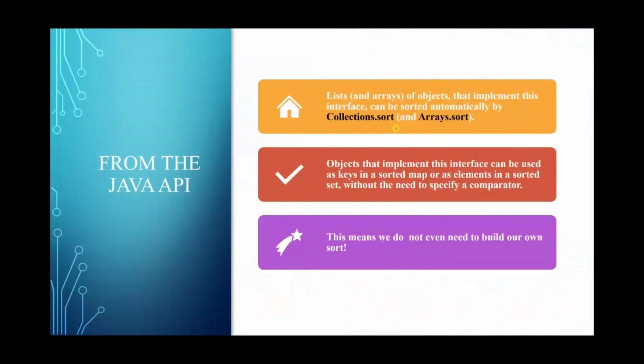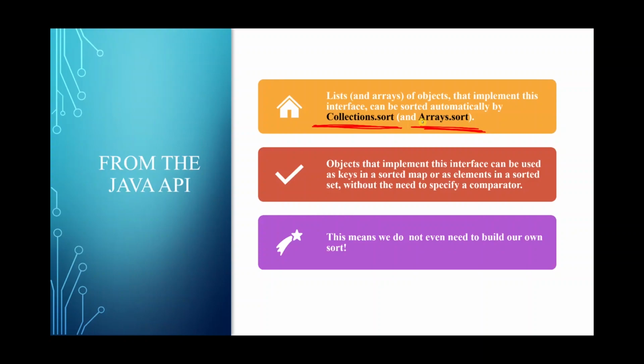So since we are done with it, now from the Java API, we can use some methods as long as our classes implement Comparable. One of these methods is Collections.sort, if we have our objects in an ArrayList or lists. Arrays.sort if we have our objects in arrays.